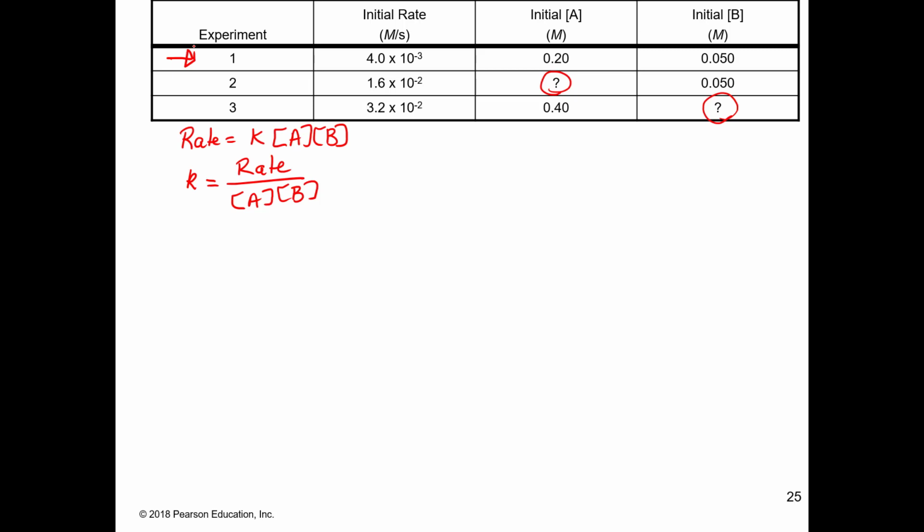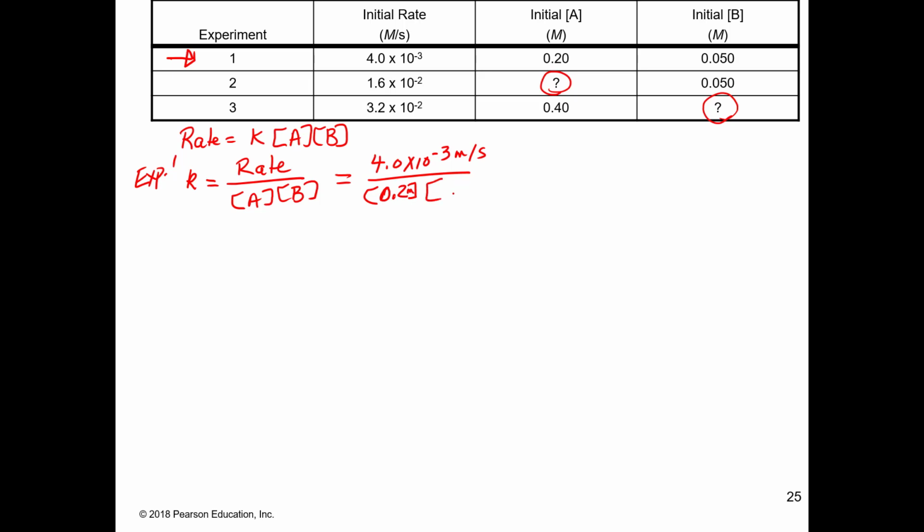Okay, so stay with me. I'm going to use the complete experiment, which in this case is experiment 1, because it has all three of those things. It has a rate, which is 4 times 10 to the minus 3. It has a concentration for A, which is 0.2 molar. Sorry, I should write these for you.